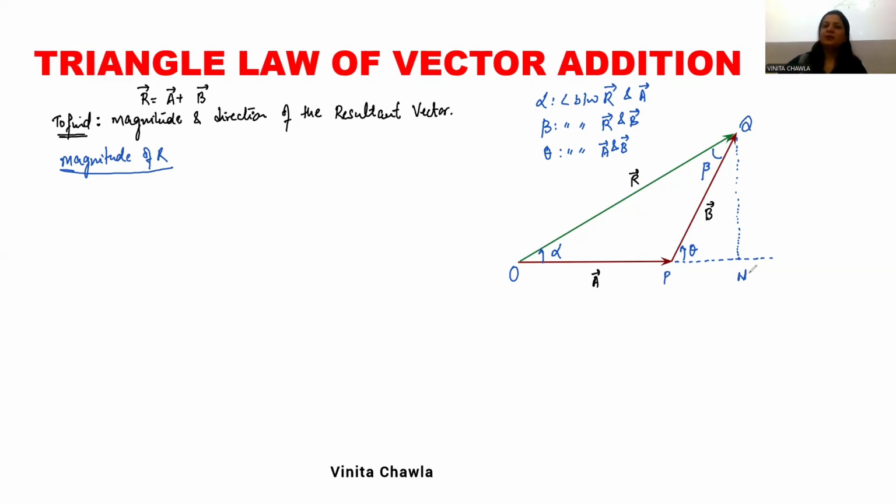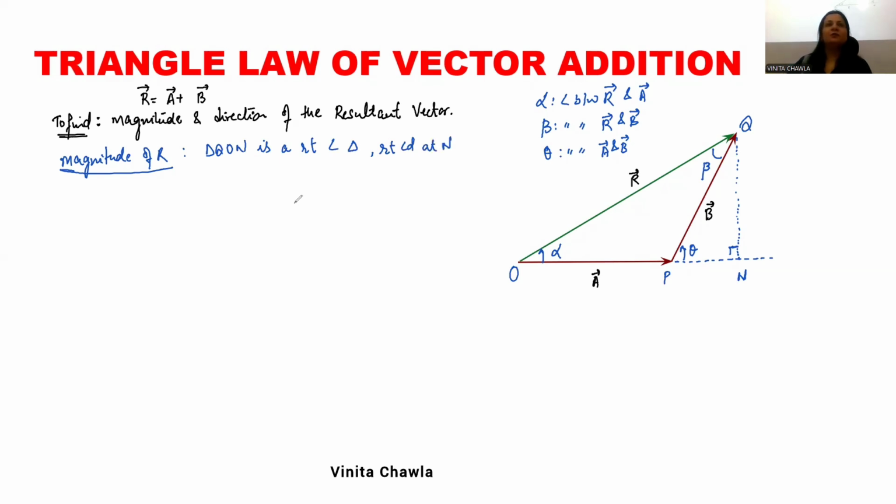Now you can see that this triangle is a right angle triangle. Triangle QON is a right angle triangle, right angled at N.